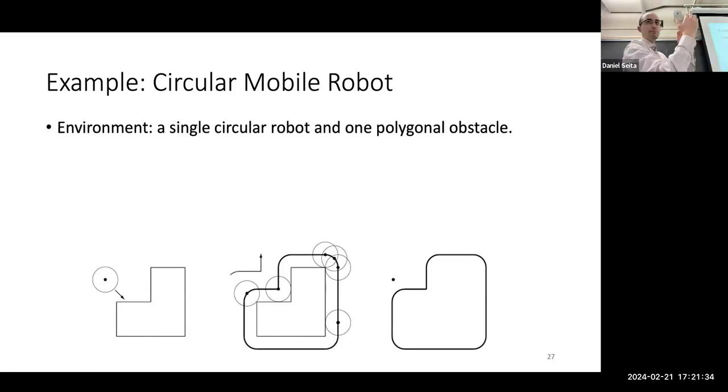And because we specify the configuration with the center of the circle, anything outside of this curvy shape is in Q_free. So whenever we have an obstacle, it's not the case that you can automatically say everything not in the obstacle is free space, because you can't have the circular robot even intersect it.